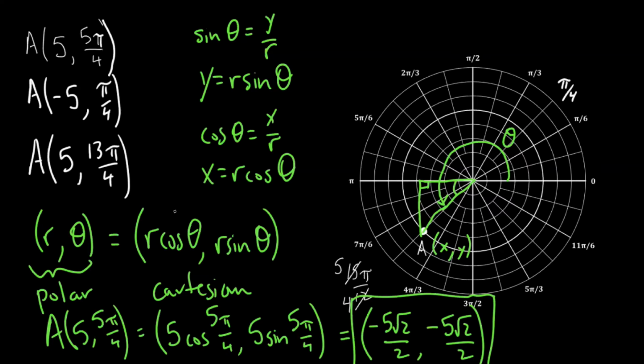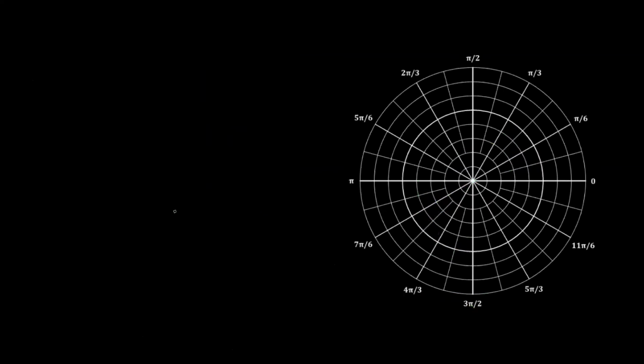And so if you're given a point in Cartesian coordinates, can you convert it to polar coordinates? All right, so let's take a look at one in Cartesian units. So we'll just take some point, let's say this point right here.